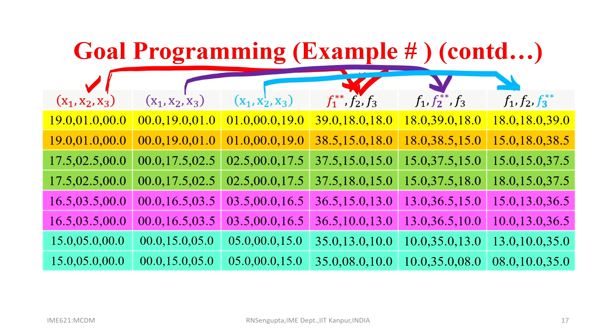Now, when we consider the yellow values in the second cell, it is 0, 19, 1, which is for the second objective being optimized, with the first and third in the constraints, and the corresponding values of f1, f2 double star, and f3 are 18, 39, 18. Here it was done by f1 minus delta 1 and f3 minus delta 3.